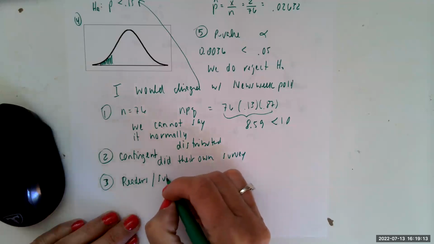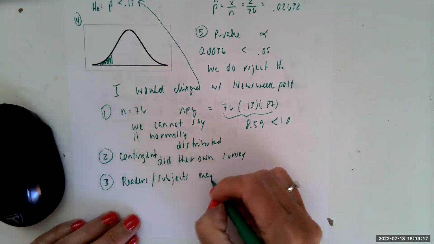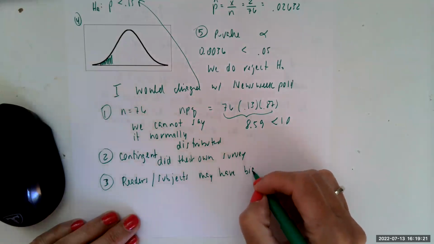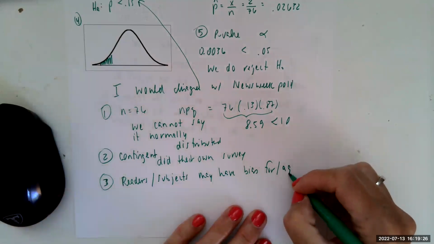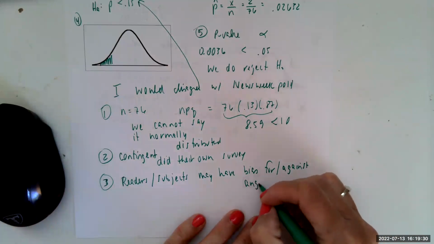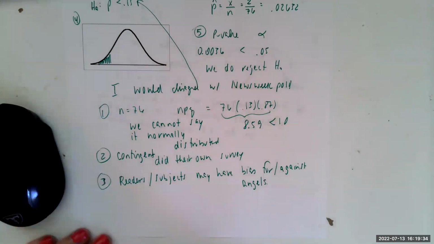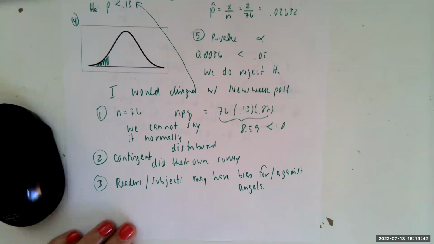The readers or the subjects, whatever we want to call them, may have some kind of a bias for or against angels, right? So there might be a little bit of an inherent bias there. So we always have to think about that when we are looking at hypothesis testing.